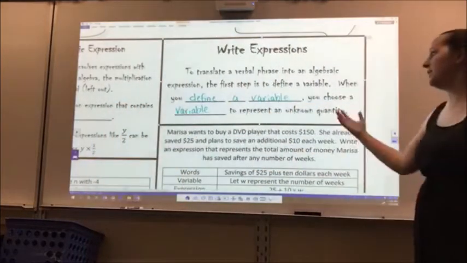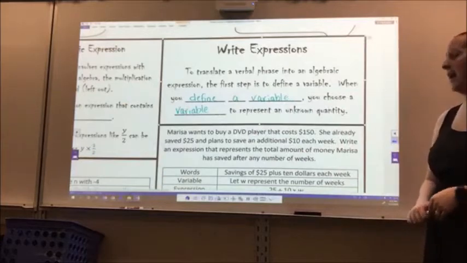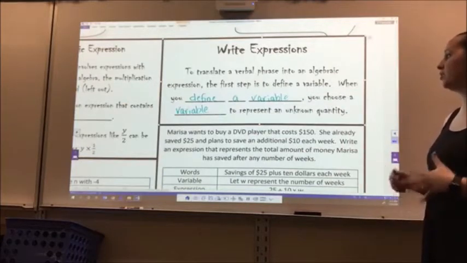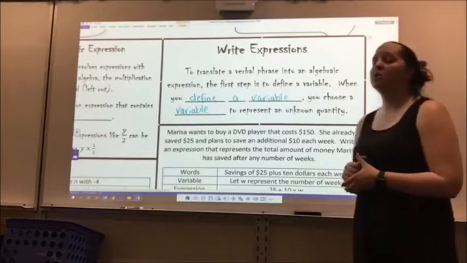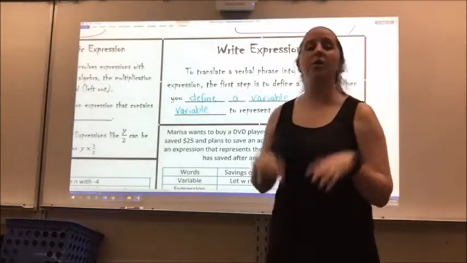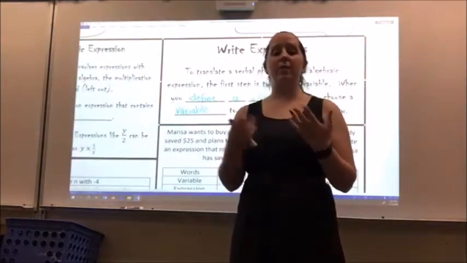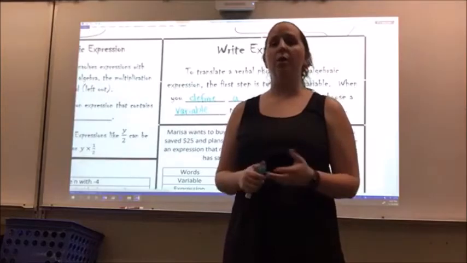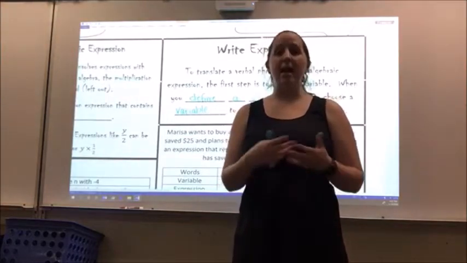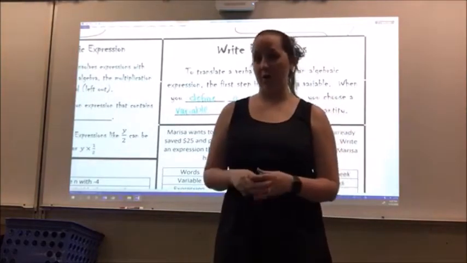So the first step is to define the variable. For example, if you're looking for the total number of dogs that you might have, you would use D as your variable to represent the number of dogs. Okay?